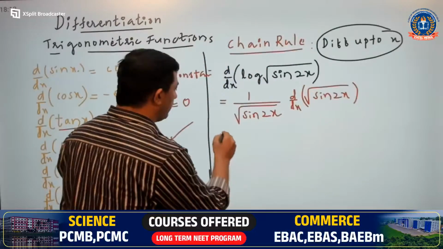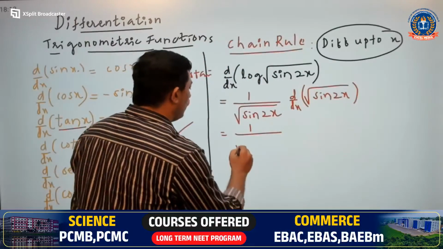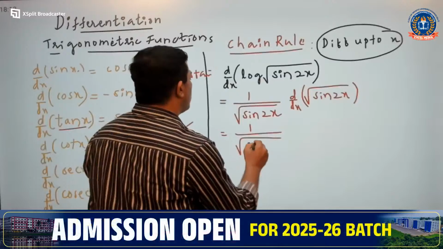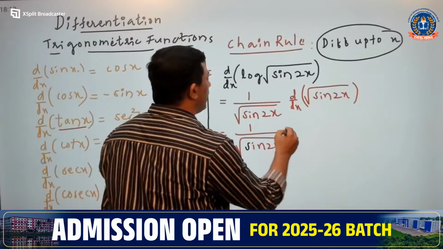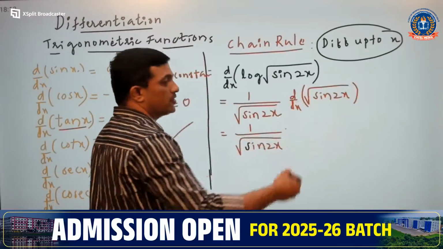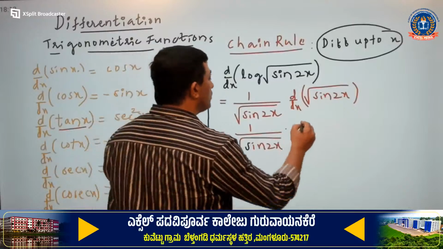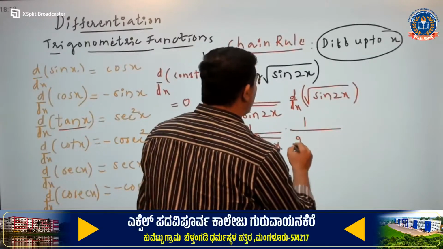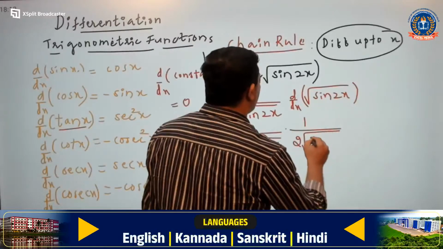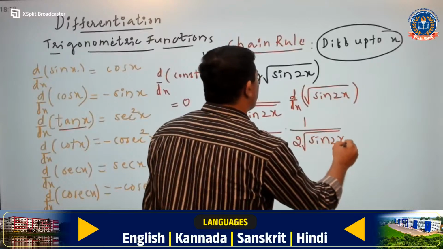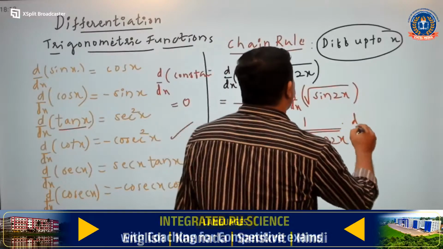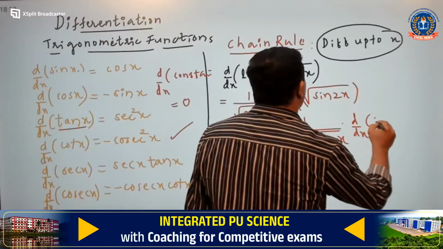That is the second case. 1 by root of sin 2x into derivative of root. Outer function is a root here. If the outer function is root, the derivative is 1 by 2 root of sin 2x, and then the derivative of sin 2x.